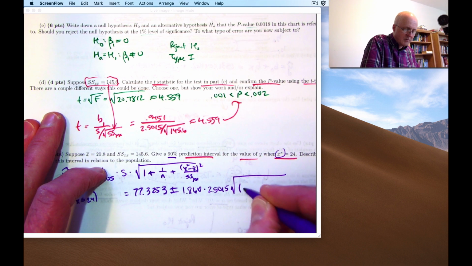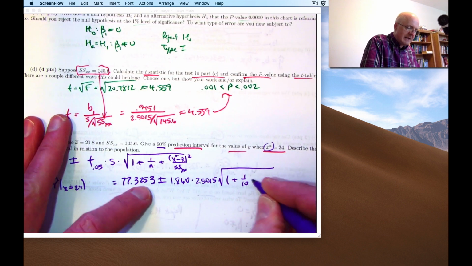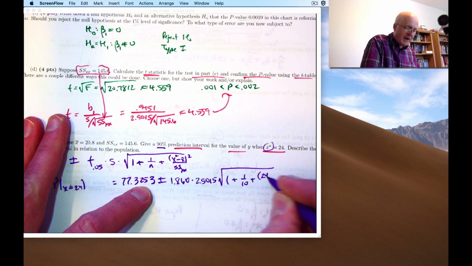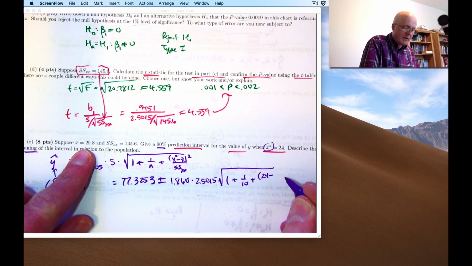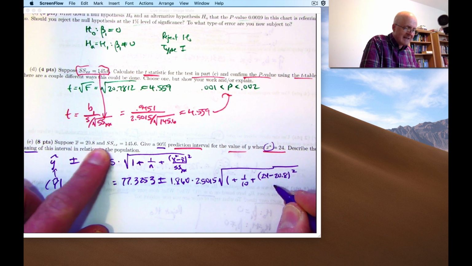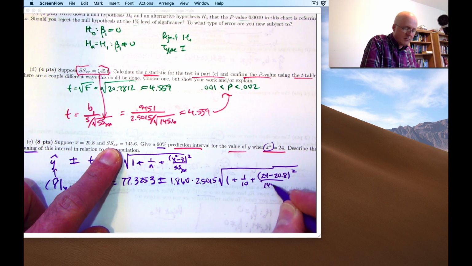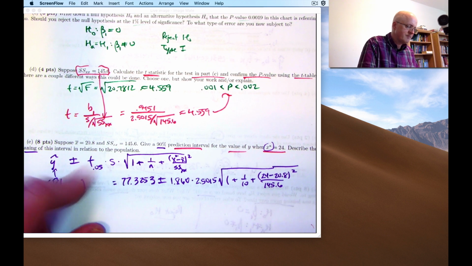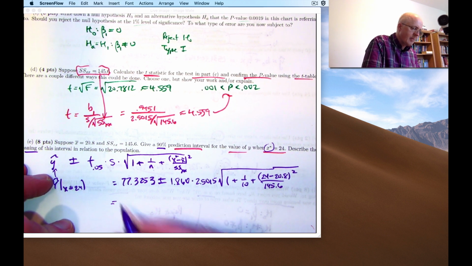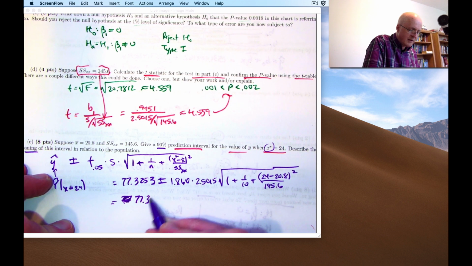Square root of 1 plus 1 over n, which is 1/10, plus x star is 24. X bar, I'm telling you, is 20.8 squared divided by SSXX. That's the 145.6. 77.3253.